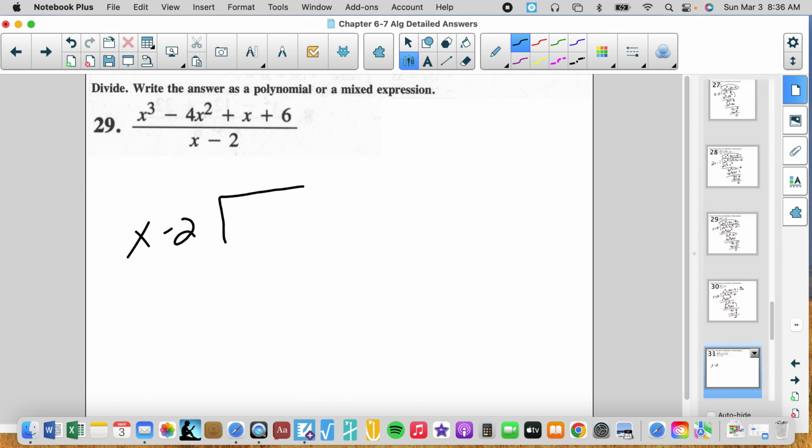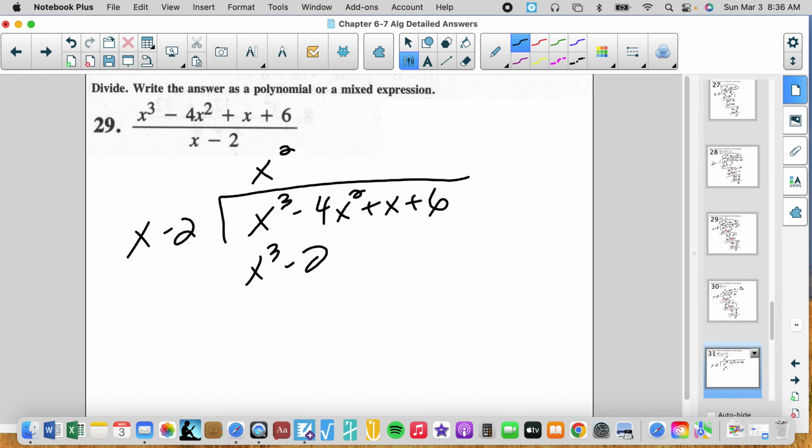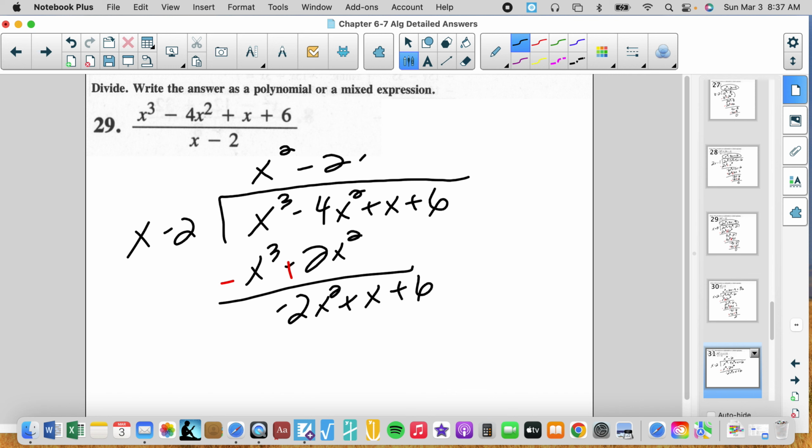X minus 2. X cubed minus 4x squared plus x plus 6. X squared, you get x cubed minus 2x squared. Change each of those signs. Negative 2x squared plus x plus 6. Multiplied by a negative 2x.